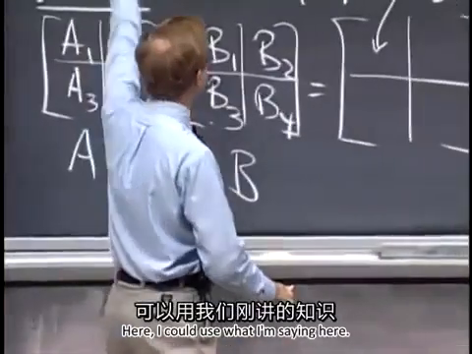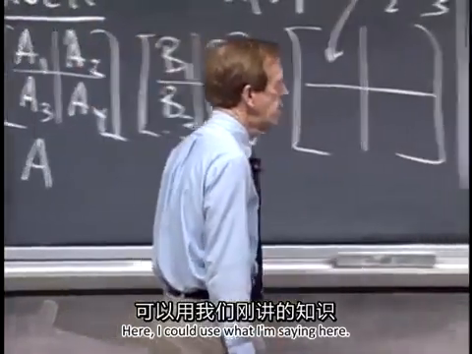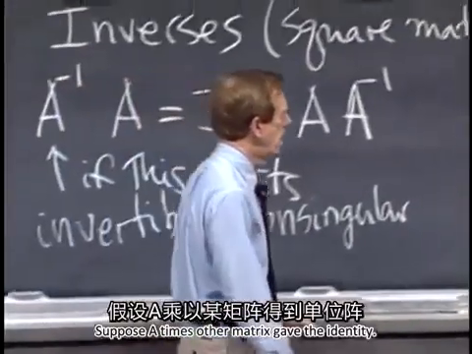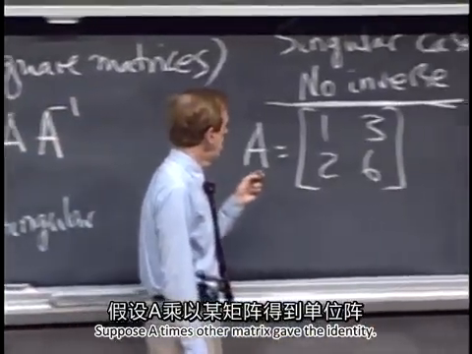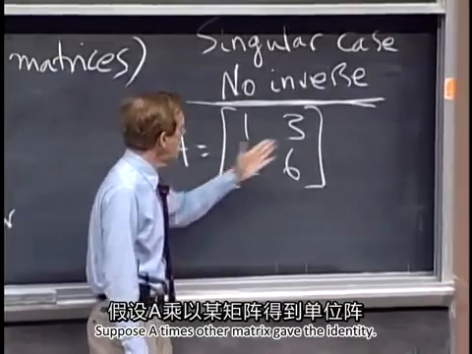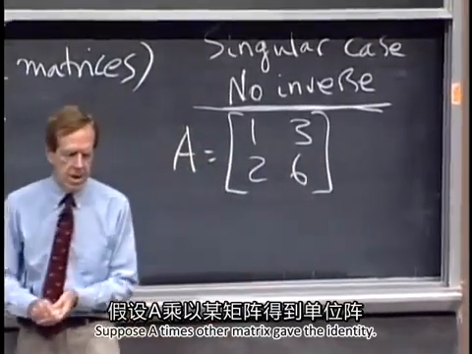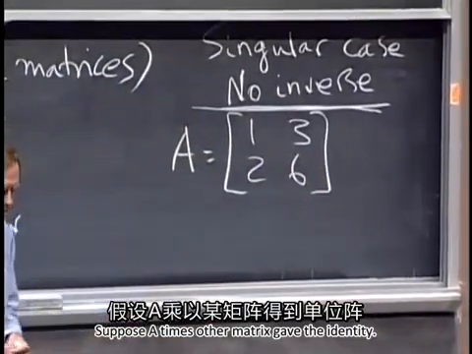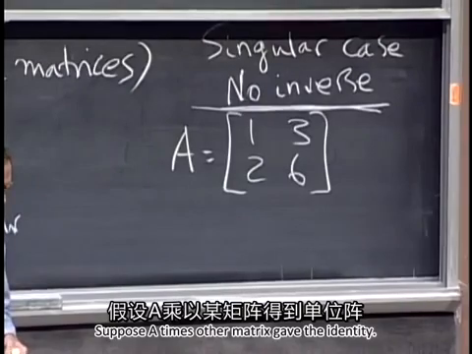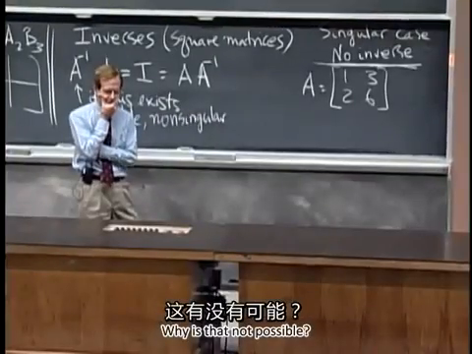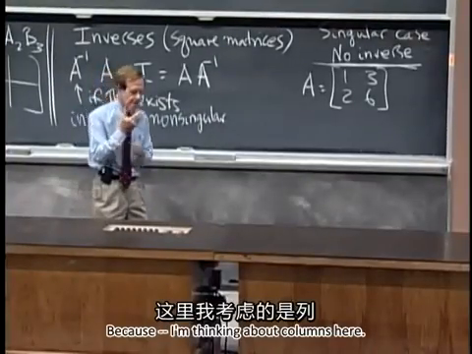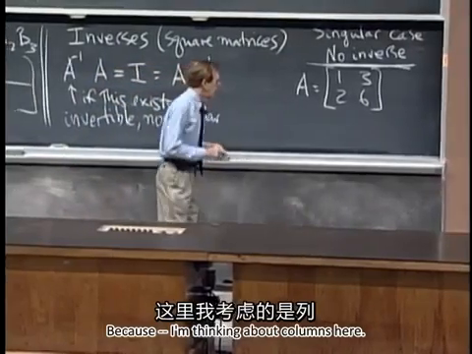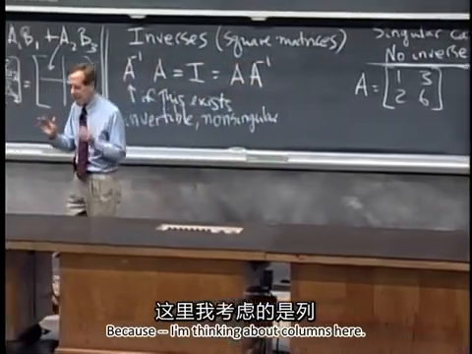Here, I could use what I'm saying here. Suppose A times some other matrix gave the identity. Why is that not possible? Because I'm thinking about columns here.